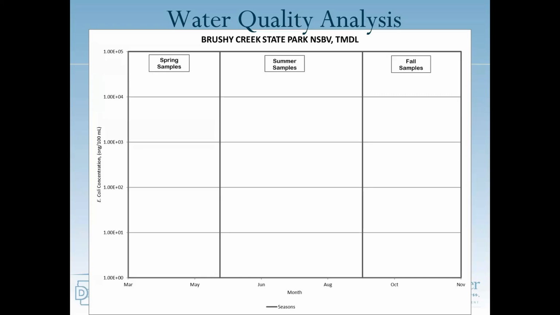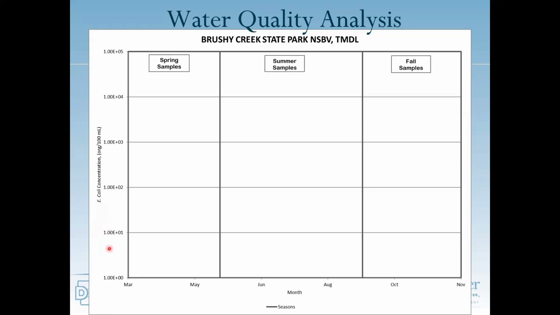So once we have our data and we want to analyze it, we're going to plot it. First of all, in our plots, we have here a graph. On the y-axis, we're going to plot our pollutant of concern, in this case E. coli. And we're going to plot it as a concentration, the number of organisms per 100 milliliters.